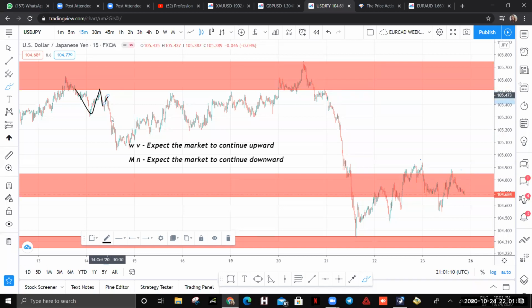And what happened? It dropped. You decide to buy this V. But what happened? It dropped. This low is lower than this, is lower than this. It will show you that this is not a valid V for me to enter the market.